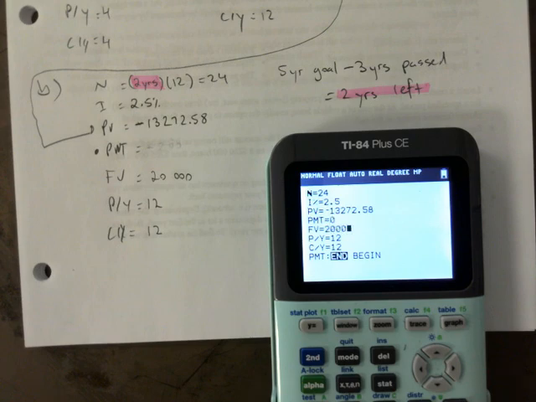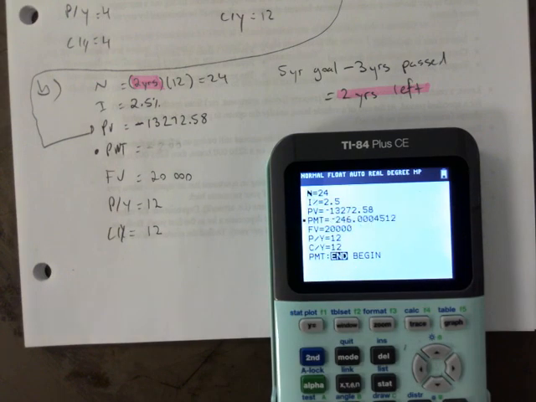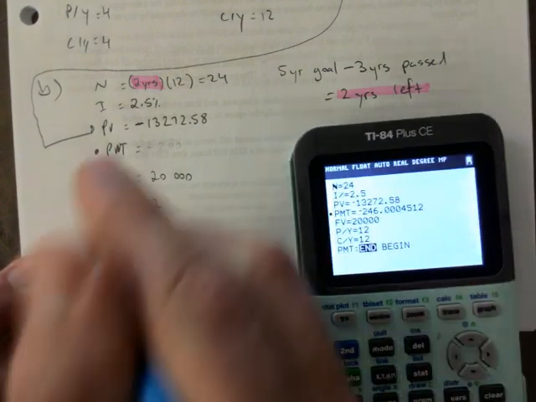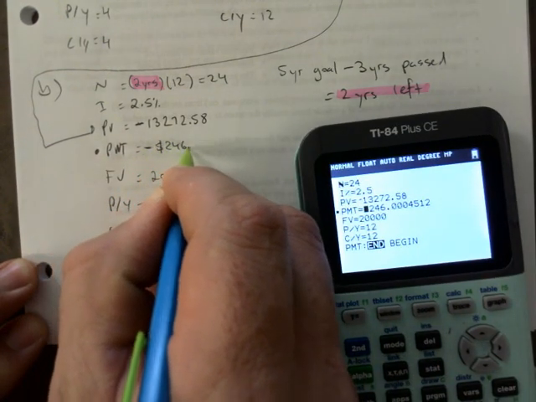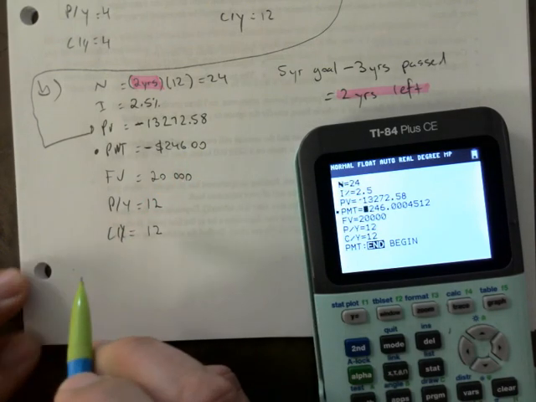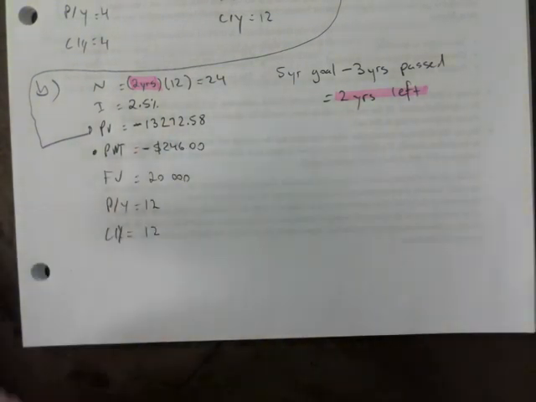Future value at 20,000. At that point, it's coming to me. 12 and 12 stays. Let's figure out the payment. There it is. It makes sense that it's negative because you would be giving this to the bank as the investment is still going.